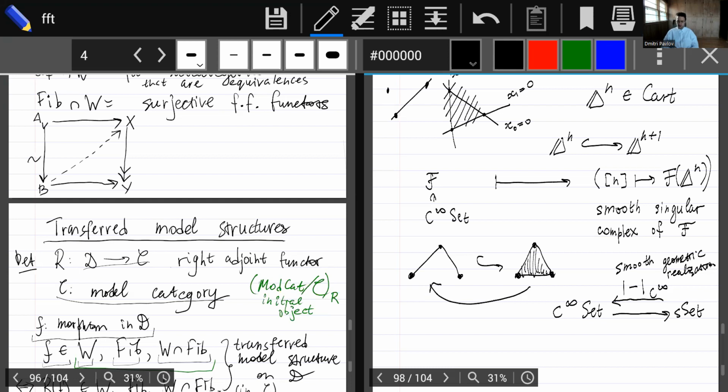And it is a theorem that this adjunction is a Quillen equivalence. So you are free to use smooth sets as models for homotopy types.